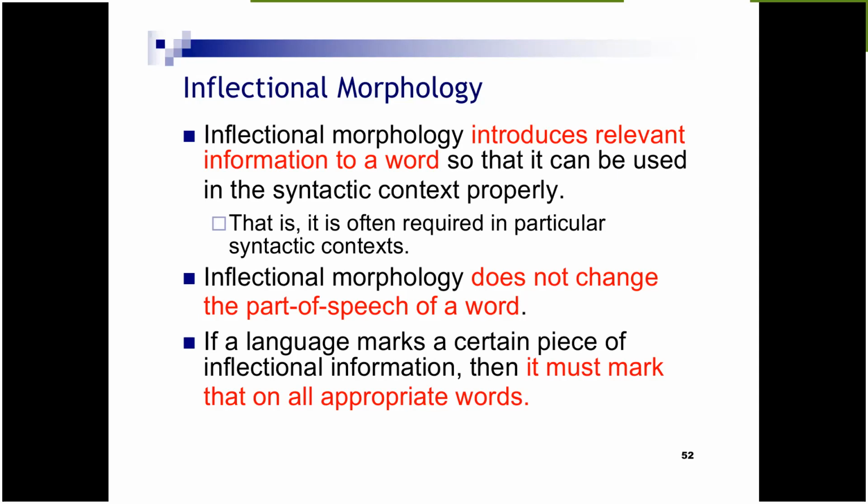It's still in the same root. So you change the word to make agreements with the other parts of the sentence, but you still have the same part of speech. That's inflection.